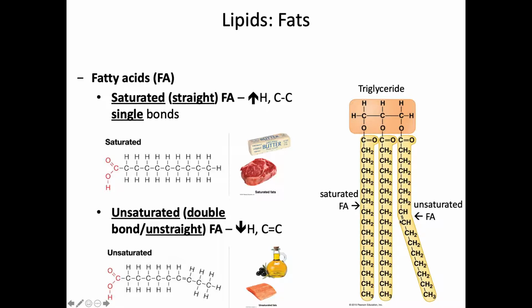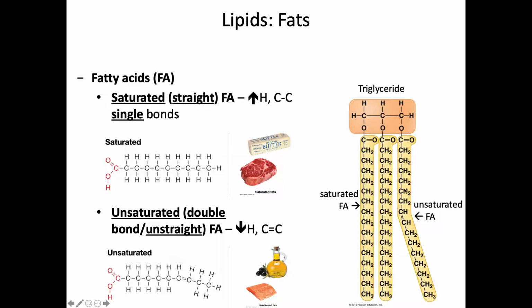So what happens when this fatty acid tail has a double bond is that it forms kind of like a kink in the fatty acid tail. So that means that these fatty acid tails are no longer straight. And then if it has a kink and you put these unsaturated fats together that have kinks, you can't condense it.